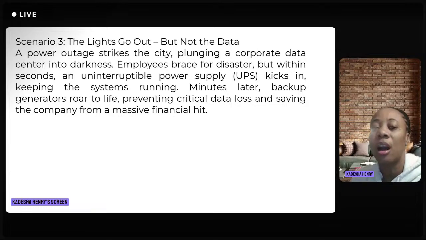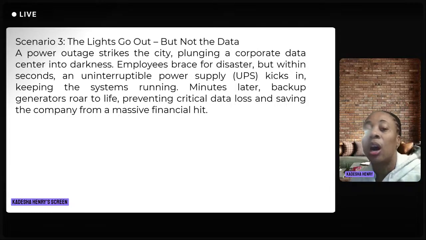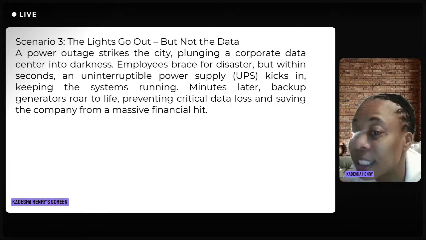So in this scenario, the lights go out, there's a huge power outage. Let's say this is at a data center, but because we have the UPS, the uninterruptible power supply, it kicks in.